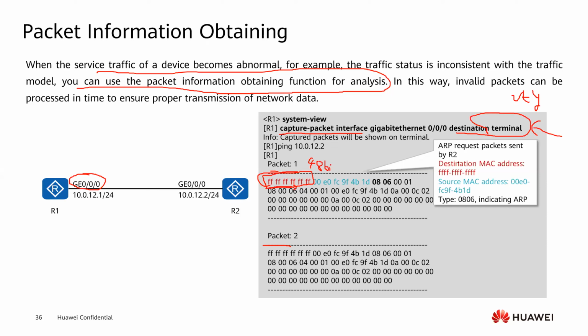So this is the destination MAC address, and this is the source IP address. And we can see here 0806 in layer 2: destination MAC, source MAC, and the type. Here is 0806, that means ARP.